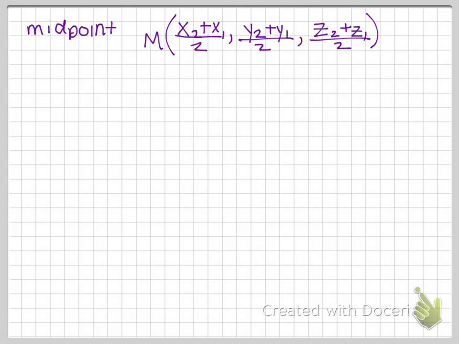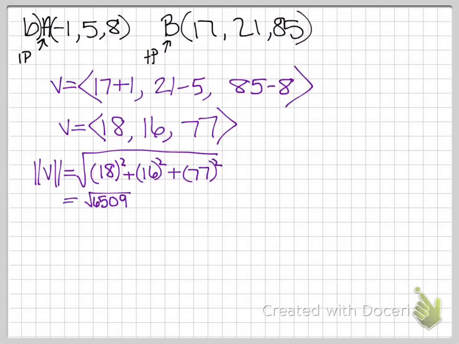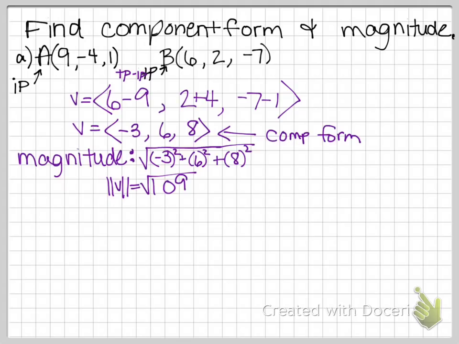So now that we know that, let's hop back to those examples that we just did and find the midpoint between those 2 points. Okay. So on this guy, if I want to find the midpoint, let me change colors here. Midpoint. All right.